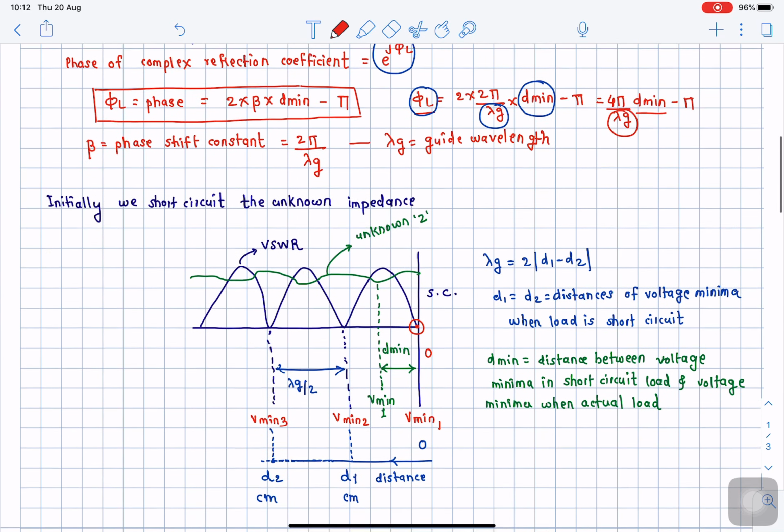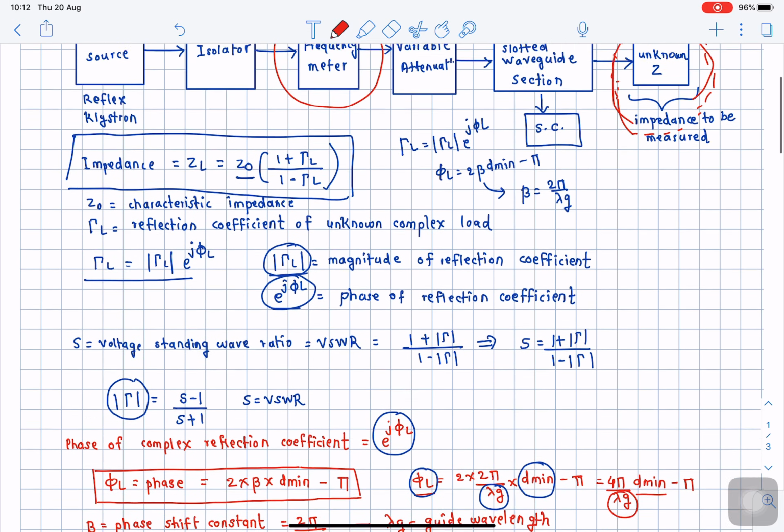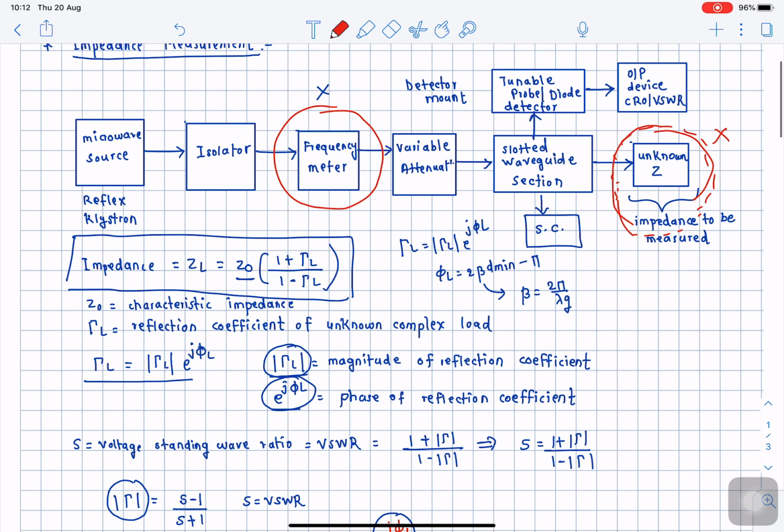In the same setup of impedance measurement, the frequency of the microwave source can also be measured. Only we skip the frequency meter and replace the unknown load impedance with a short circuit. These are the two changes we need to make.